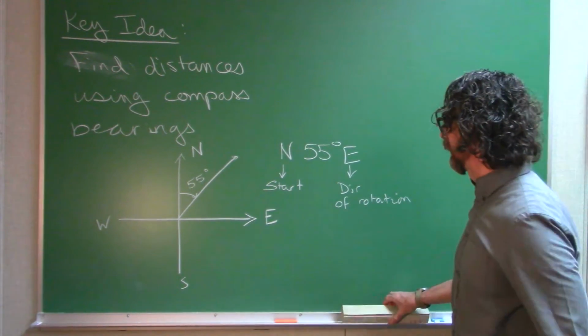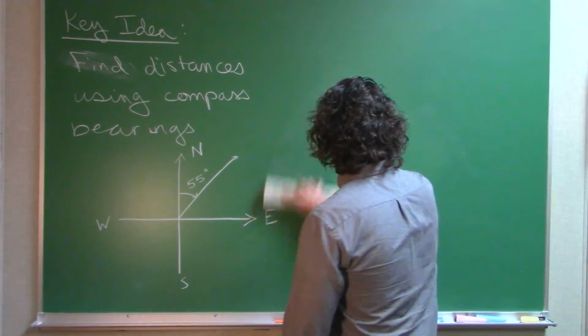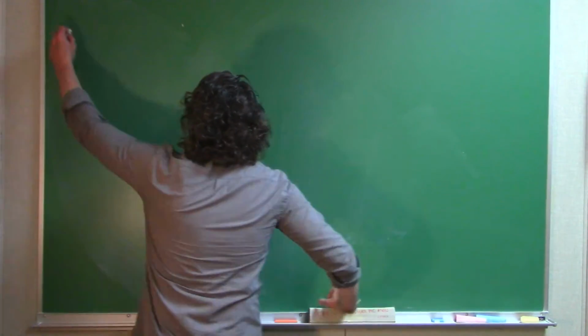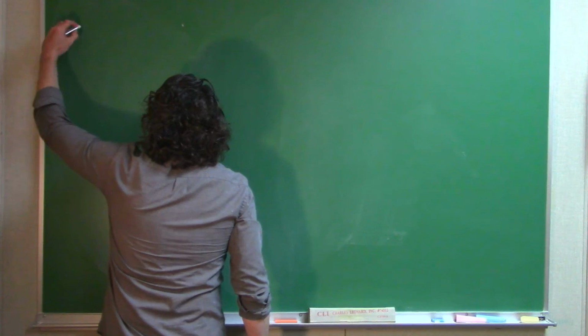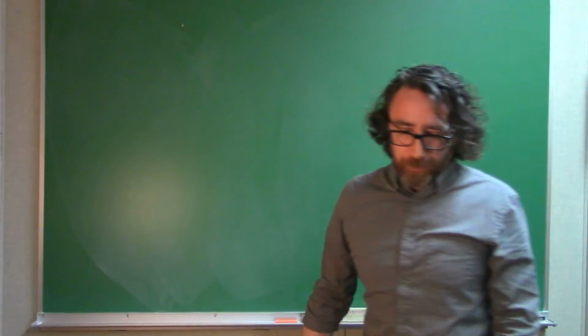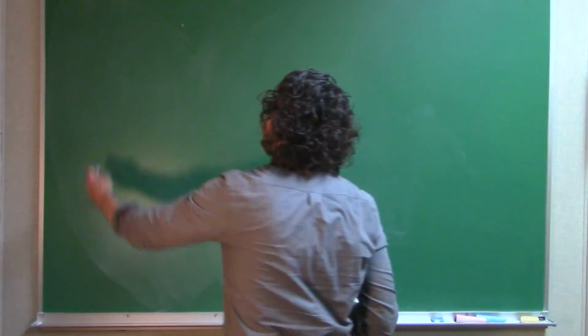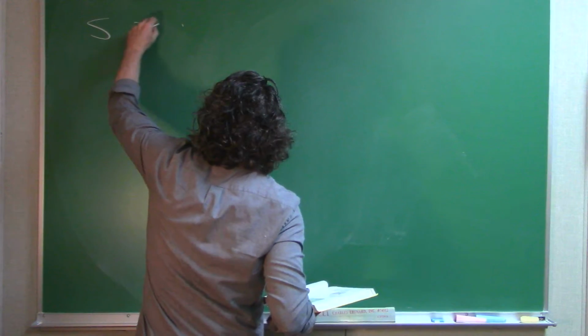Let's do an example where we have south. I'll just pull another one right out of our textbook, and we'll do south 35 degrees west.